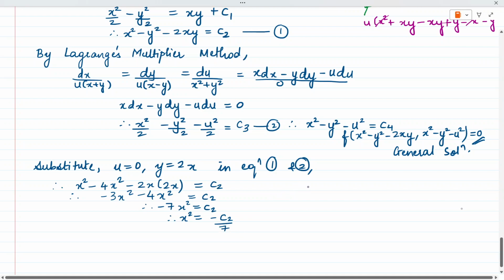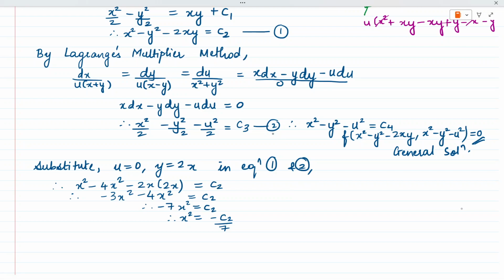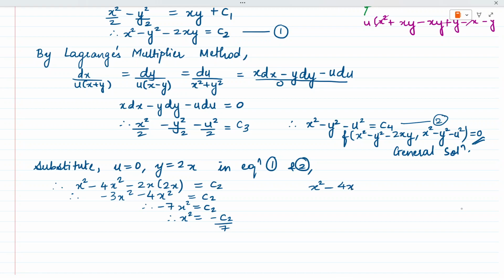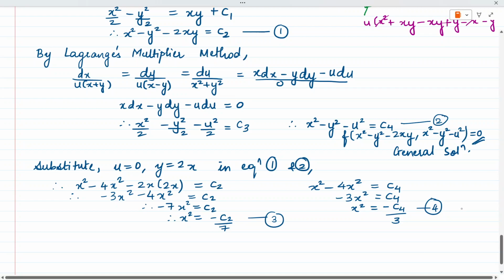Same way equation number 2 में अगर डालेंगे values, x square as it is, यहाँ पे 4x square हो जाएगा, u की जगह 0 है, so आपको negative 3x square is equal to c4 मिल रहा है, या फिर x square is equal to negative c4 upon 3. Equation number 3 and 4 both are x square, so both the values will be equal.